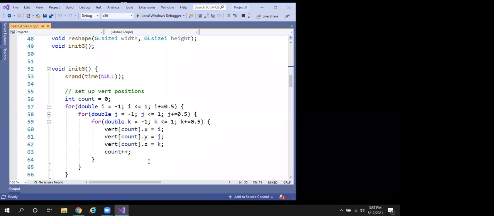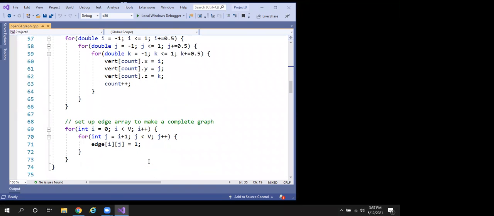Now you can make whatever shape you want. This is just a goofy random thing I made up. But you should make your own shape and decide where in space you want to put your vertices. That's step 1. Step 2 is decide what you want to connect, make edges between. So I'm going to put a 1 into my edge matrix for everything where I is larger than J, so J equals I plus 1.